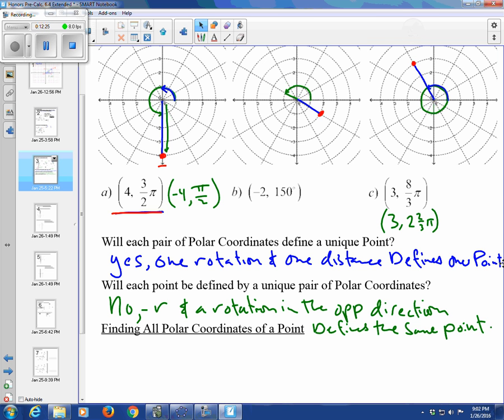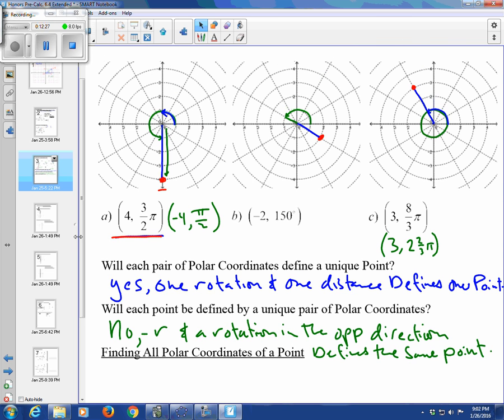And as a matter of fact, what we've seen is our rotations can be greater than 2 pi or 360 degrees. So not only will a rotation in the opposite direction and a negative r value take me to the same point, I could have an r value of 4 and a coterminal angle to 3/2 pi, let's say 7/2 pi.